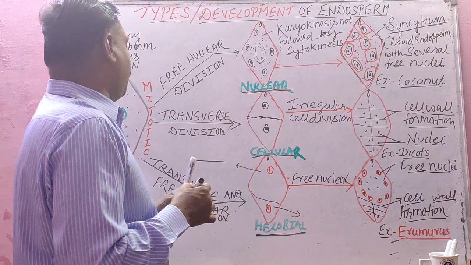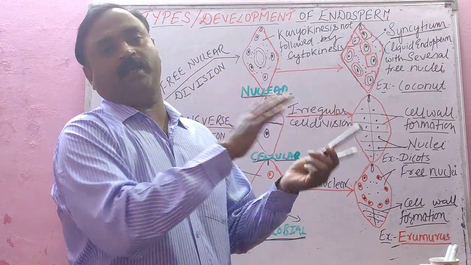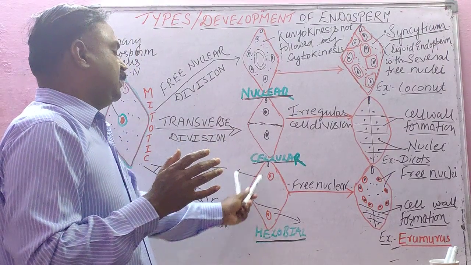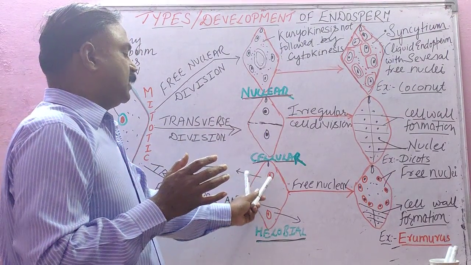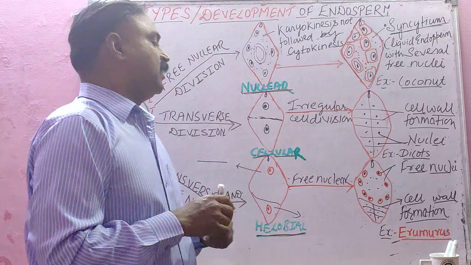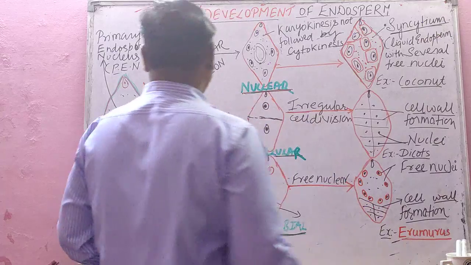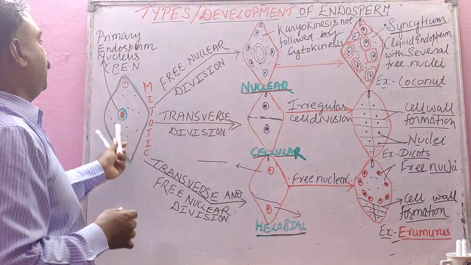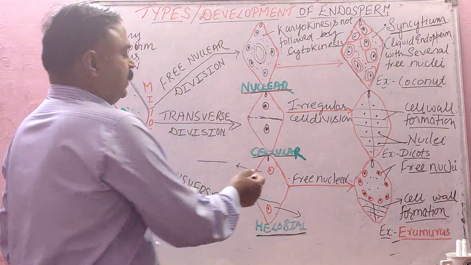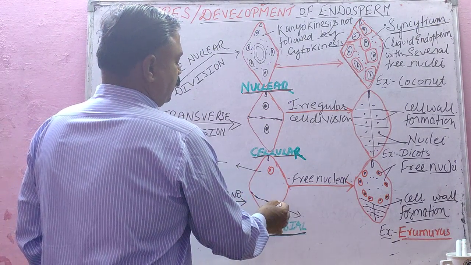Last but not the least, that is halobial type. Halobial, student, halobial type of endosperm is the intermediate of both. In the upper portion we will see free nuclear division, and in the lower formation of the cell wall. It is the intermediate of nuclear as well as cellular type. Okay, let us see what happens here. Here the PEN, primary endosperm nucleus, divides and first transverse wall is formed.